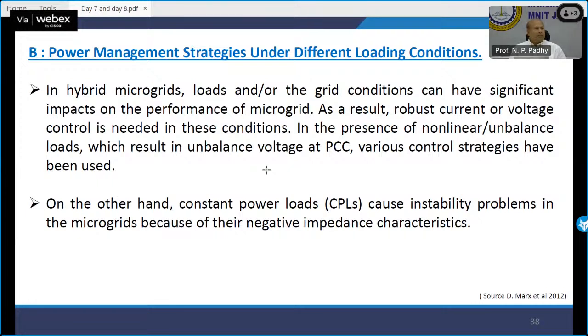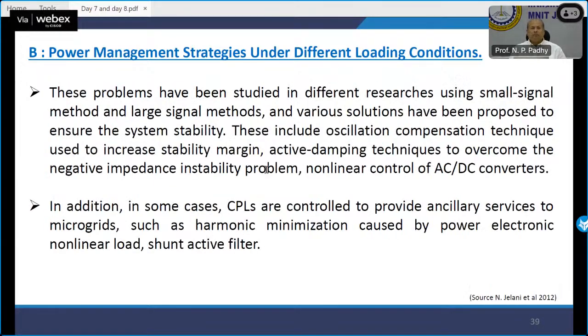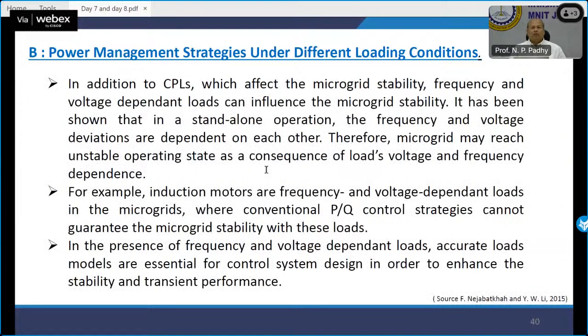That's what I told you about PCC, point of common coupling. Various control strategies have been used. On the other hand, constant power load, that is CPL, causes instability problems in the microgrid because of the negative impedance characteristic. All right, power management strategies under different loading conditions, the previous one we talked about actually.